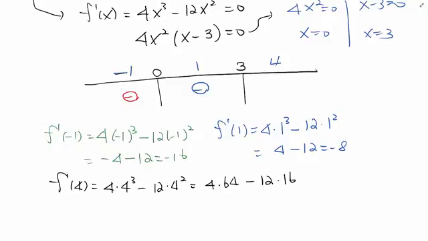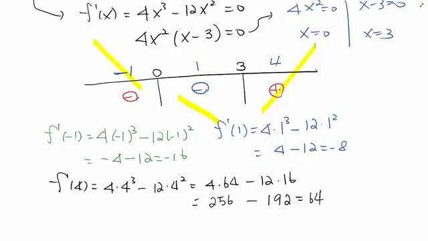So this becomes 256 minus 192 equal to 64, which is positive here. So based on this, now we know the graph is decreasing, decreasing, and increasing. Now we should know which interval is decreasing and which interval is increasing here, right?